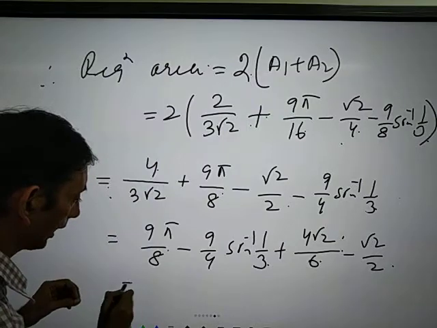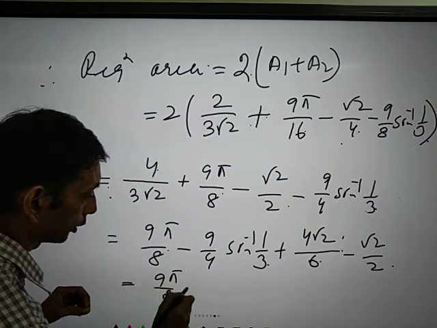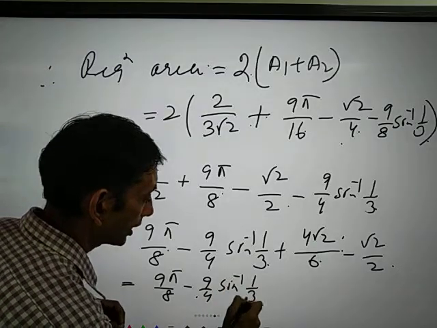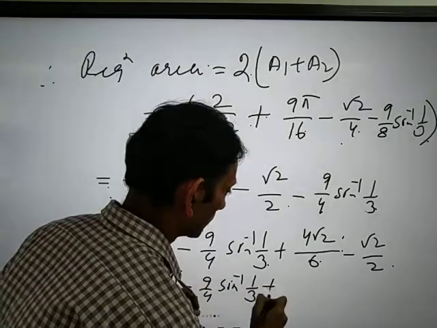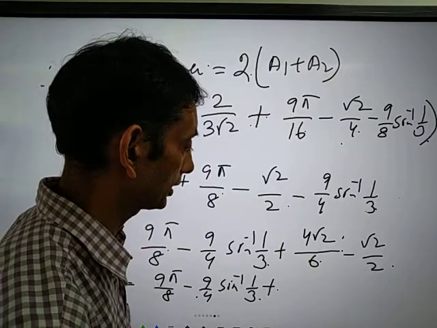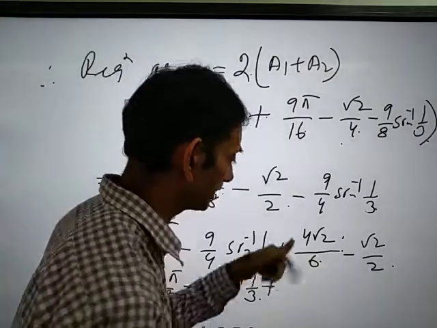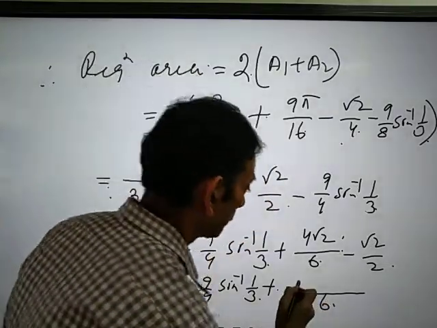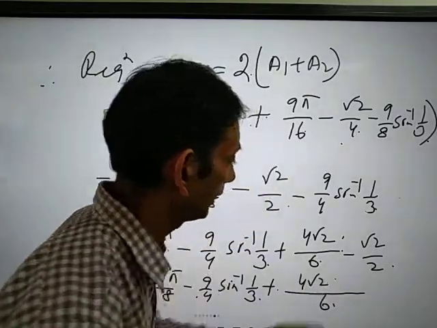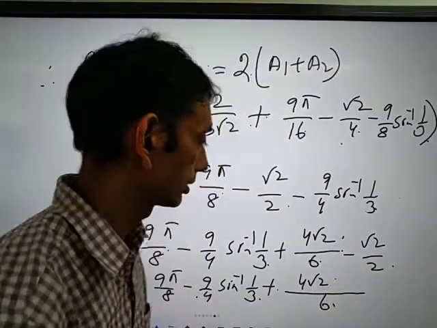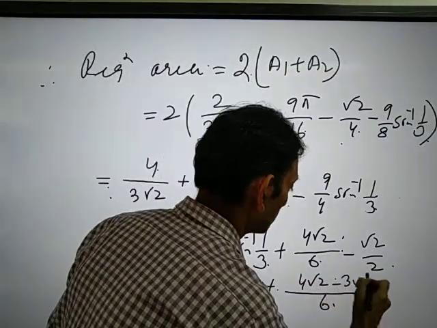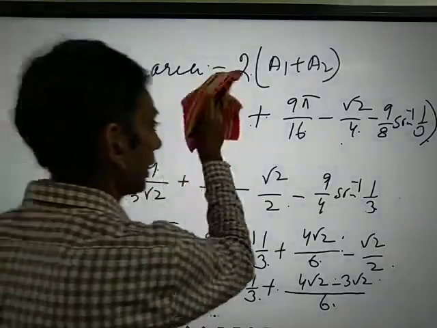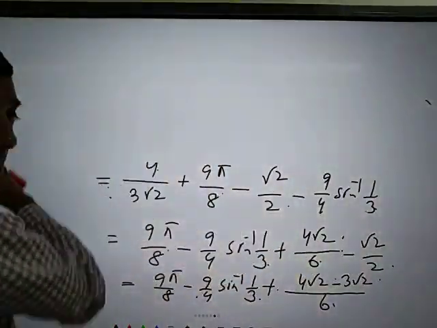So finally, 9 pi by 8 minus 9 by 4 sine inverse 1 by 3 plus, let us take 6 as the LCM, 4 root 2 and then multiply root 2 by 3, minus 3 root 2. So finally, we are close to the answer.